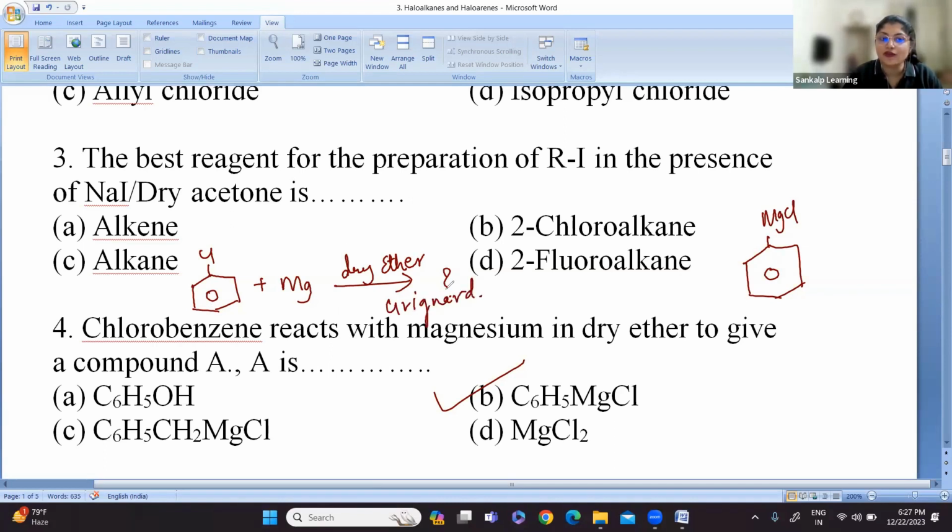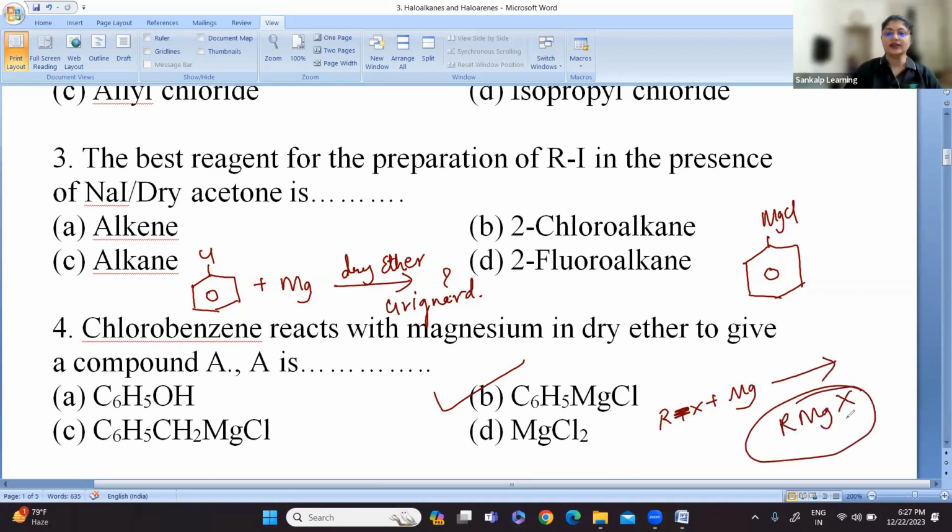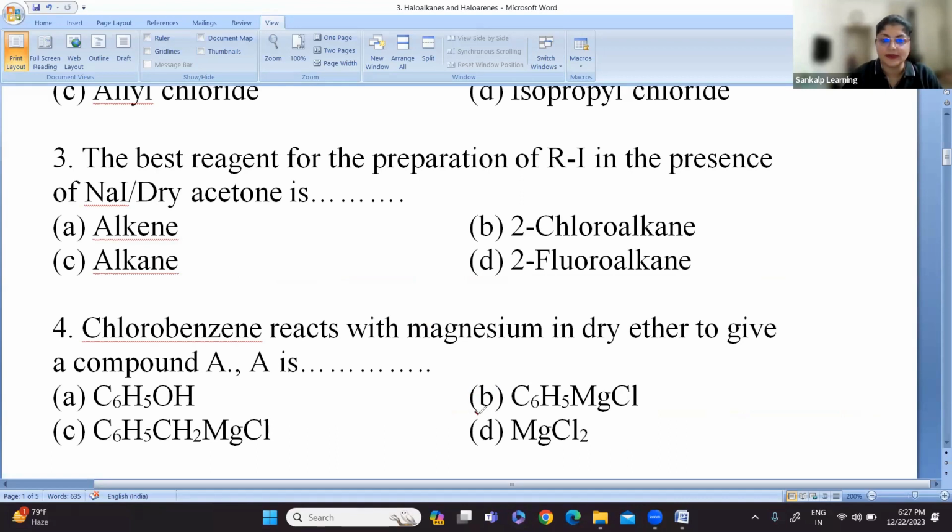We are forming the Grignard reagent. So how is this reaction? RX plus Mg gives you RMgX. So this is our reaction. This is a Grignard reaction, you're forming a Grignard reagent. So our option is option number B.